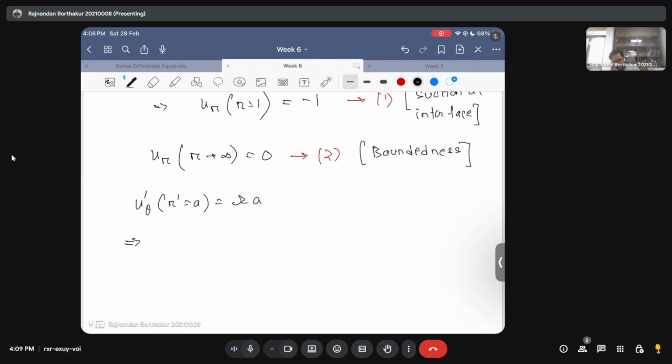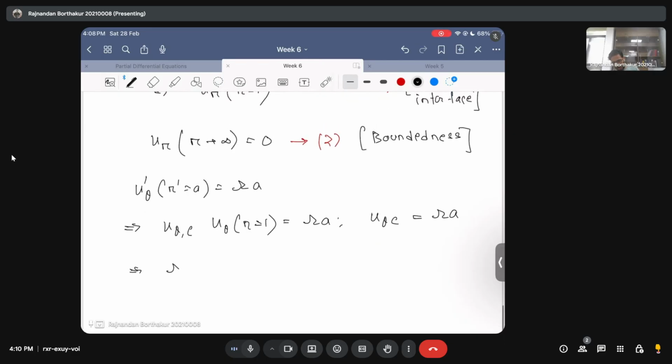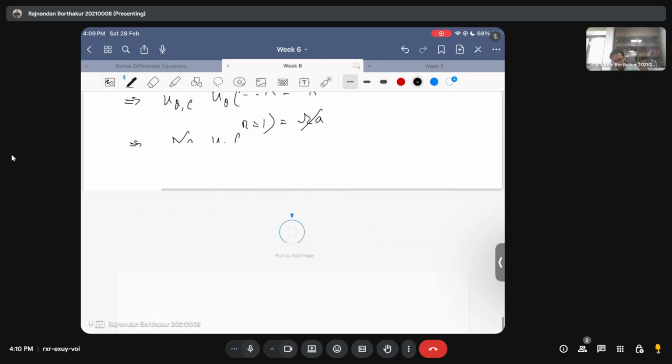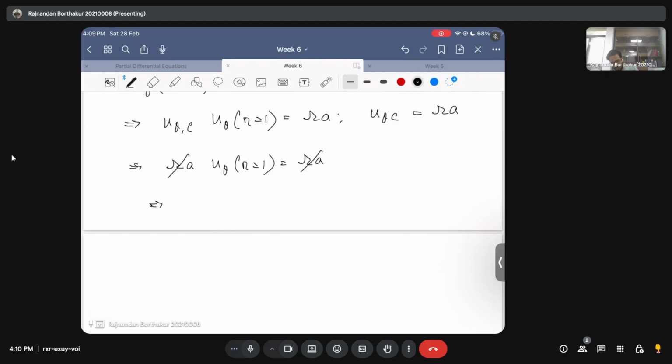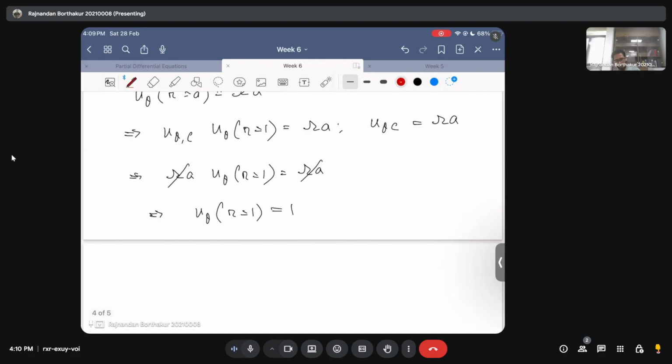And I can write this as u theta c times u theta evaluated at r equal to 1 is equal to omega A, and I know that my u theta c, the characteristic velocity in the theta direction, is given to be equal to omega A, which means this is omega A times u theta at r equal to 1, and this is equal to omega A, so this and this will cancel, and then my u theta at r equal to 1 is going to be equal to 1. So that's my boundary condition for theta at r equal to 1.